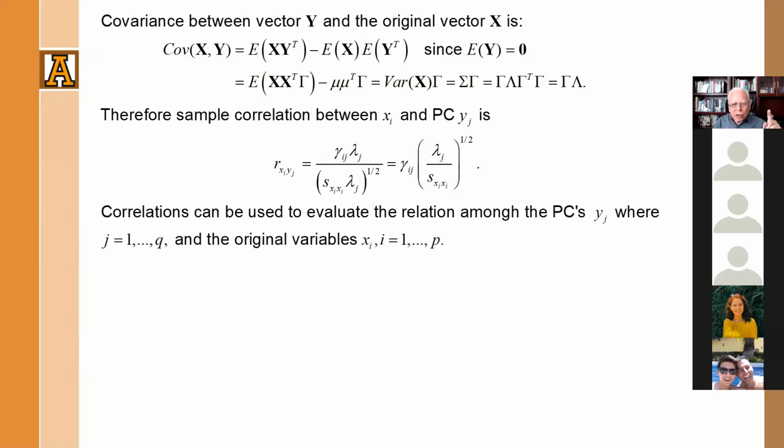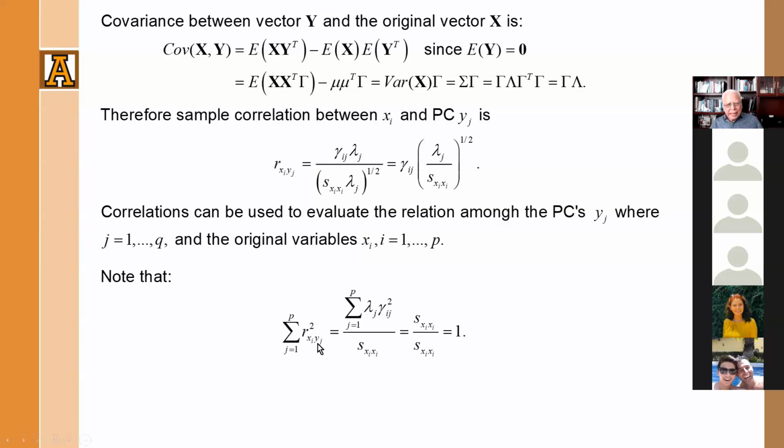Now, these correlations, we use them to evaluate the relationship among the PCs, the principal components, and the original variables. These correlations tell us how the principal components relate with the original variables.